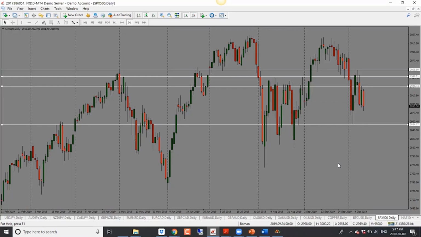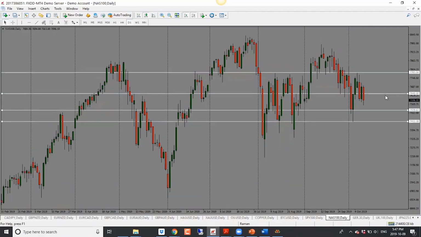If the sentiment continues to stay negative, then I'm looking for price to drop further here. Target is 2,850. If things change, this one could turn around and go higher. For now, though, bias is bearish. 2,850 is the next target for S&P 500.